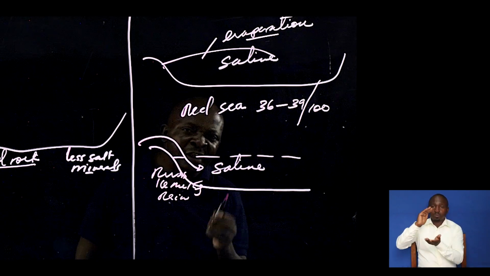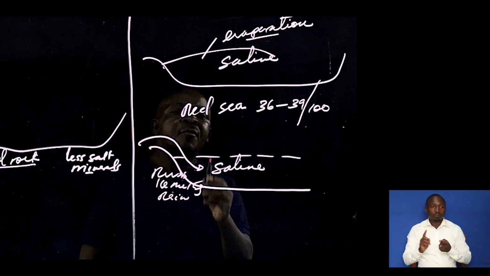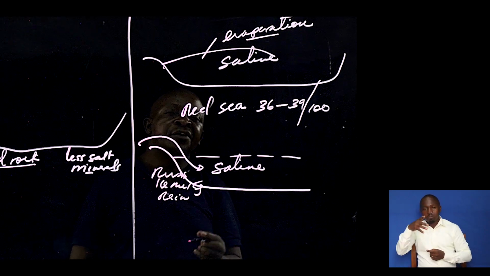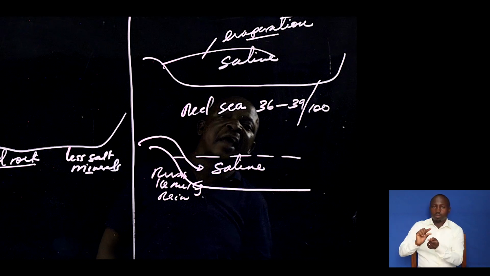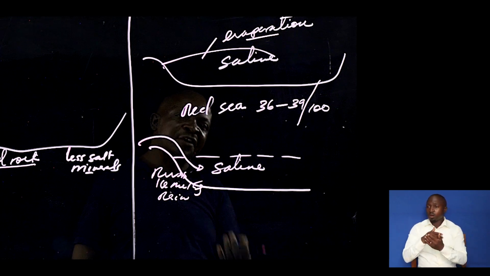Therefore, where more fresh water is discharged, sea salinity is low, compared to where less fresh water is discharged.